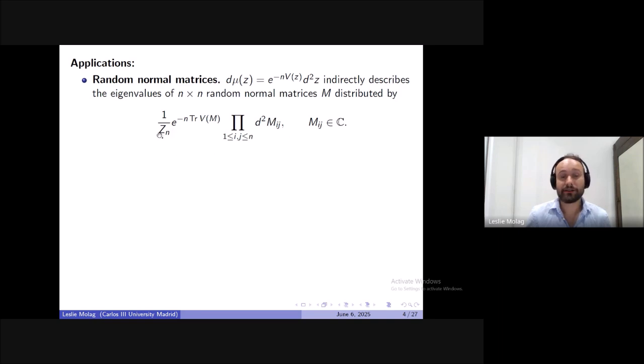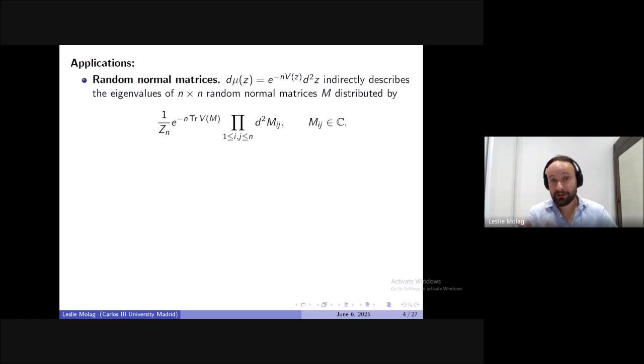Here Z_n is some normalization constant. The trace you should interpret as the sum of V evaluated in the eigenvalues of your matrix. And d squared M_ij is just the standard Lebesgue measure on the complex plane.